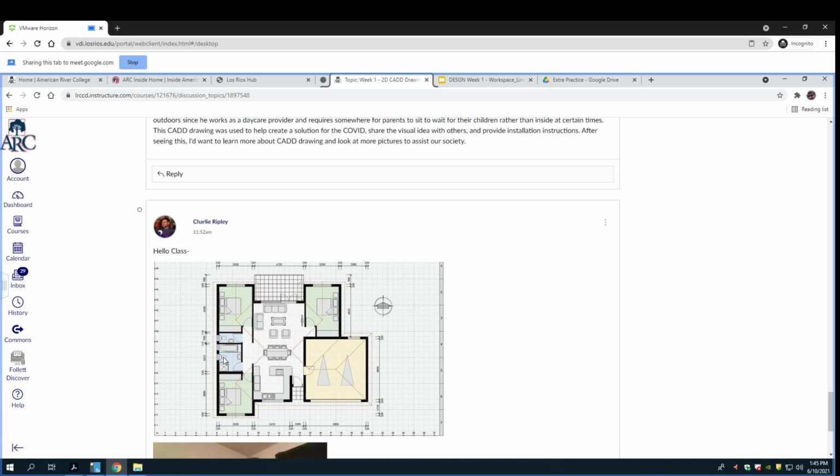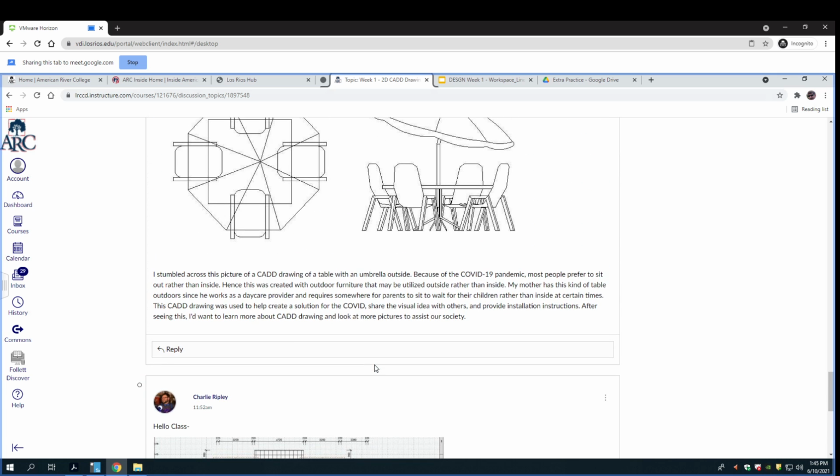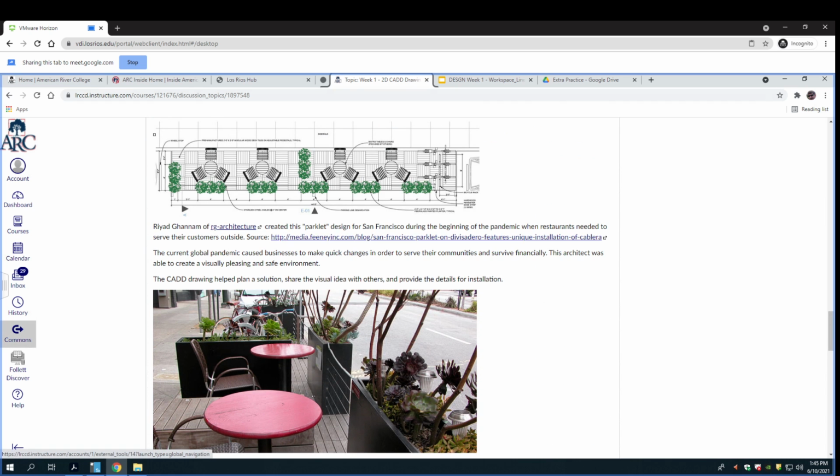Okay? And rather than having just four of these, they took the opportunity to put the garage in, which is really nice. So this is a really cool layout, and I just like that drawing. I like it a lot. Okay, so there we go.